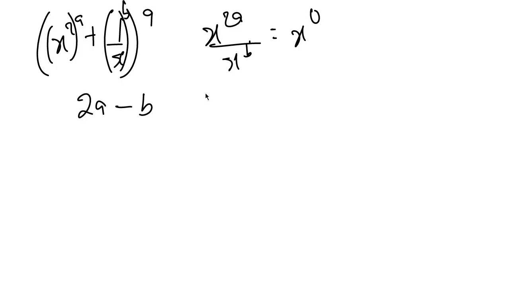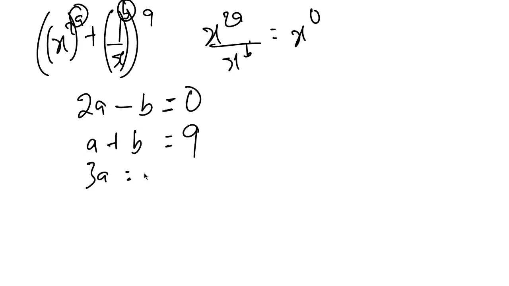So 2a minus b will be equal to 0, because at the end of the day x must cancel out. Then the next thing: a plus b is 9, the sum of these exponents. So 2a plus a is 3a, and 0 plus 9 is 9. That means a is equal to 9 divided by 3, which is 3.